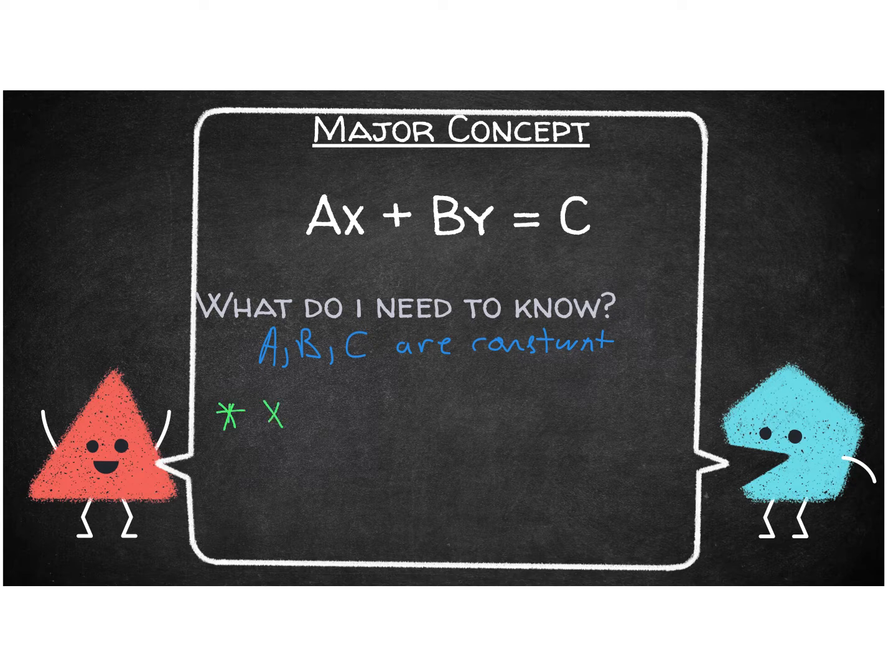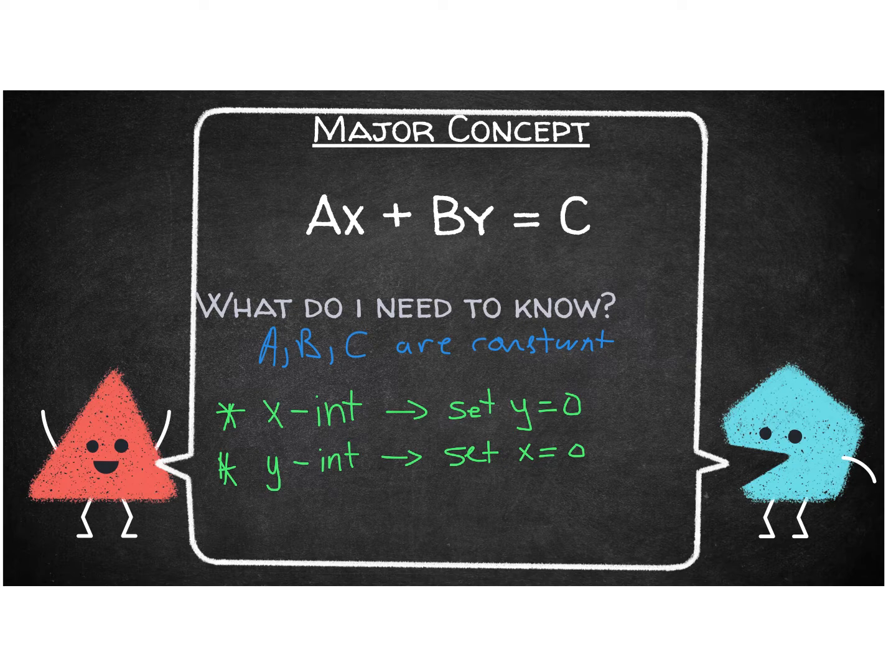If we want to find the x-intercept, then all we're going to do is set the y equal to 0. And if we want to find the y-intercept, then all we're going to do is set the x equal to 0. Once we set one of the terms equal to 0, then we just solve for the other one, and that will find our intercepts.